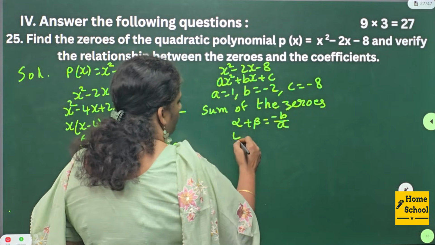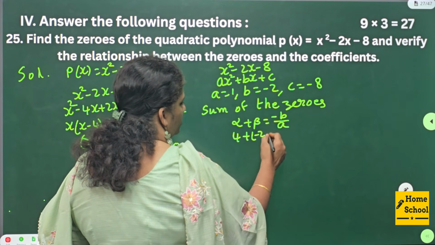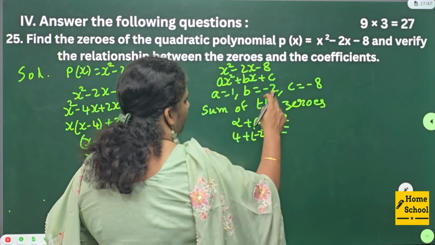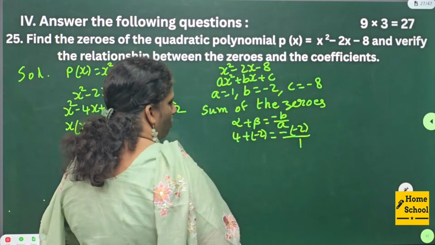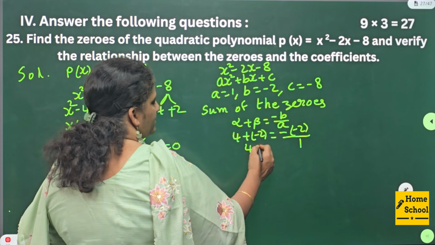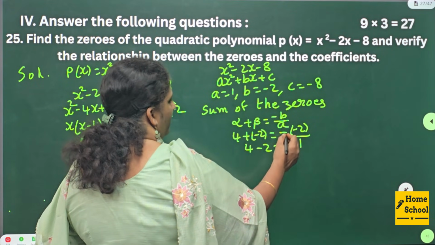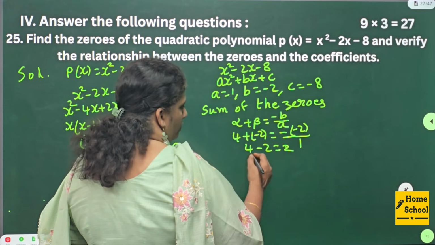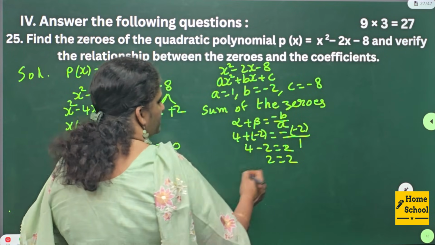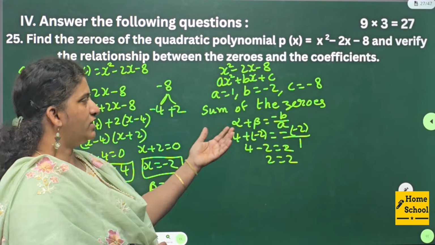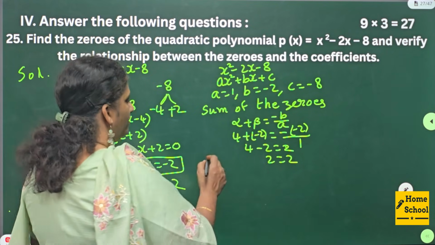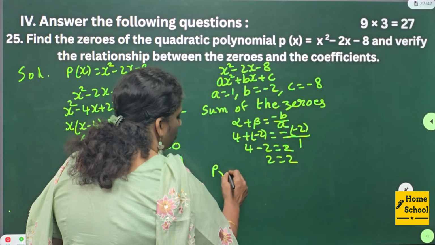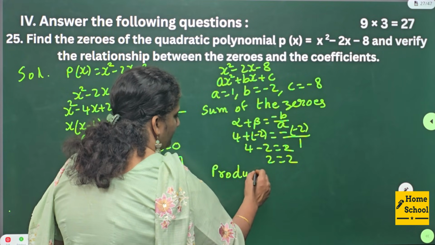Substitute. 4 plus of minus 2 equal to, b value is minus 2, so minus of minus 2 by 1. 4 plus into minus is minus, 4 minus 2 is 2. 2 is equal to 2. Sum of the zeros alpha plus beta equal to minus b by a. It is verified.